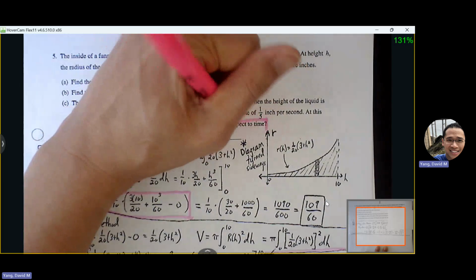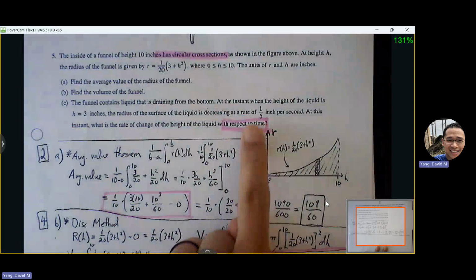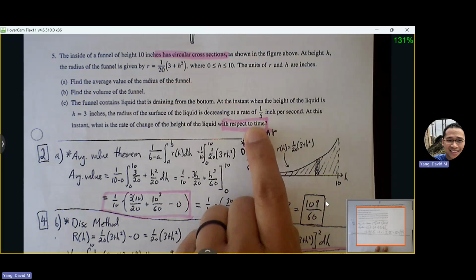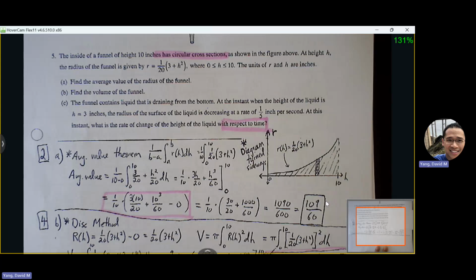Anytime we see those keywords, with respect to time, we should connect that they're trying to get us to involve related rates. You're probably not going to see a full related rates FRQ, but you're almost guaranteed to see some application of related rates in one of your 6 FRQs. So be on the lookout for that.